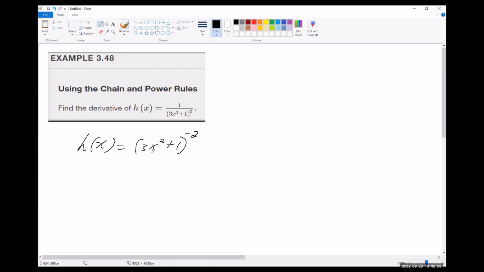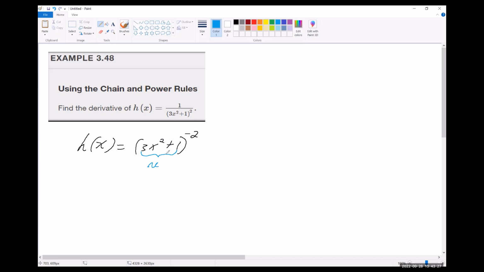So the idea is to treat, let me use a light blue so it'll come out a little lighter, this inside function as a variable. The variable that we'll use with the other notation is u.